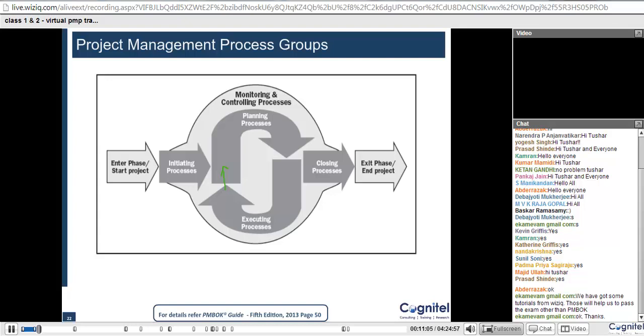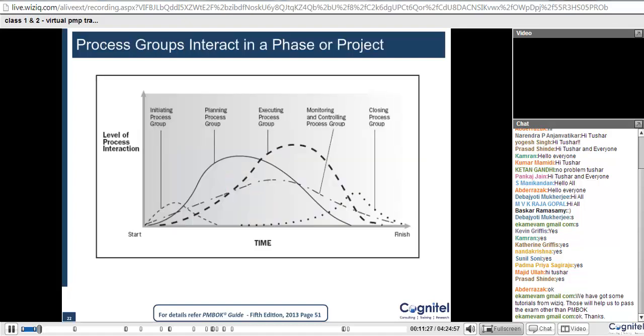So this cycle would repeat itself for as long as it is required for the successful completion, and then you would be closing your project or a phase. And monitoring controlling is something that would keep on going right from the start till the very end of the project. Now let's look at one of the graphs over here.